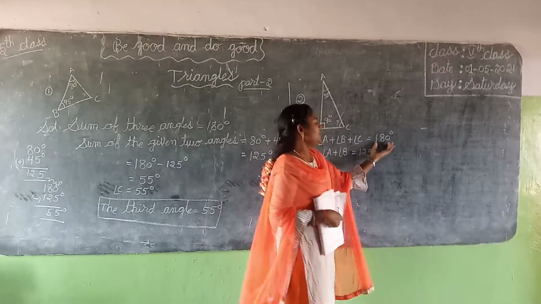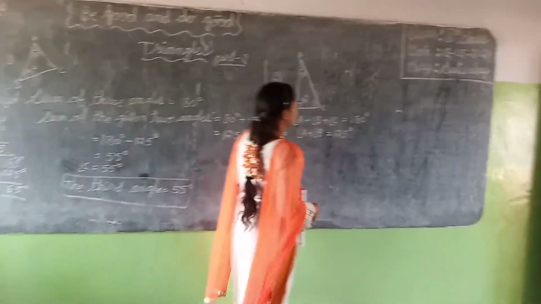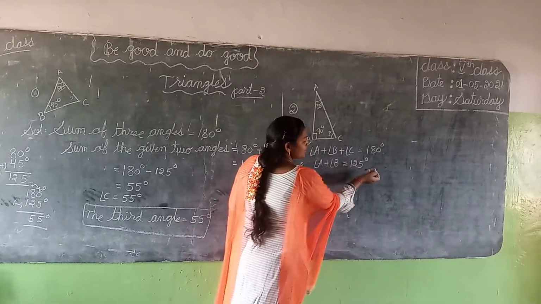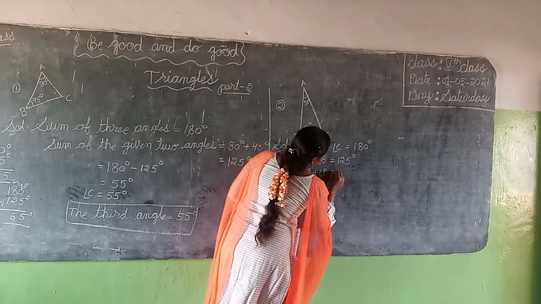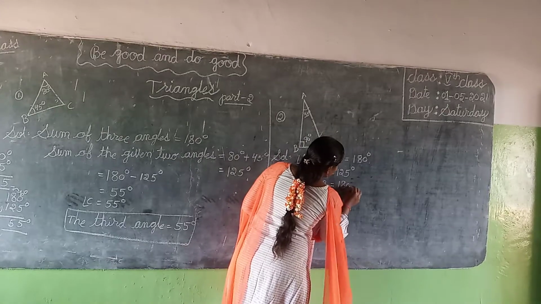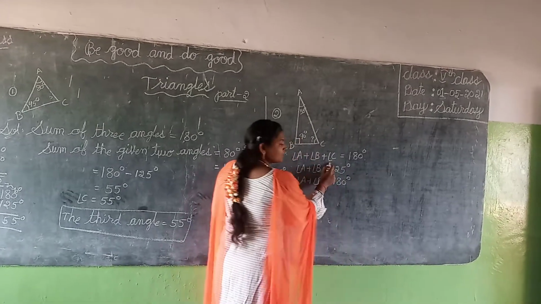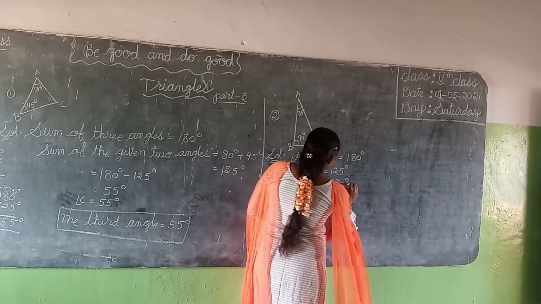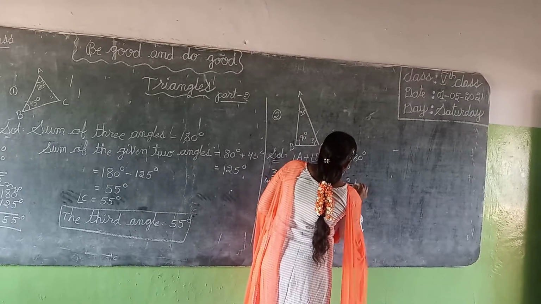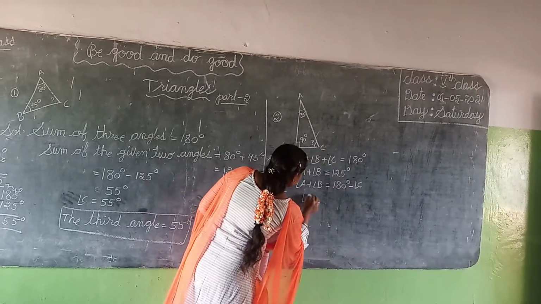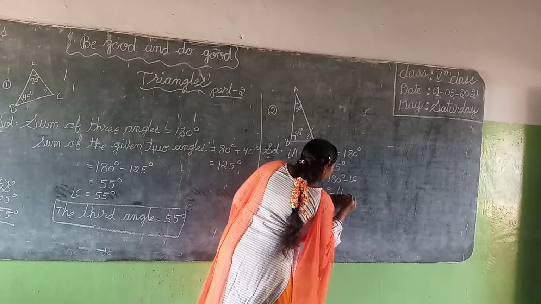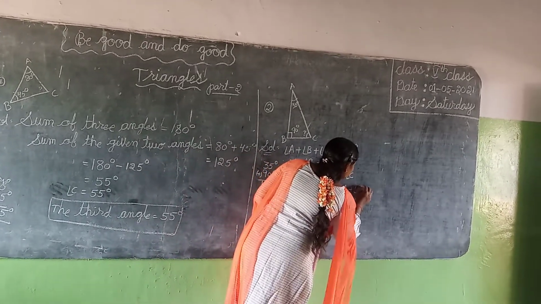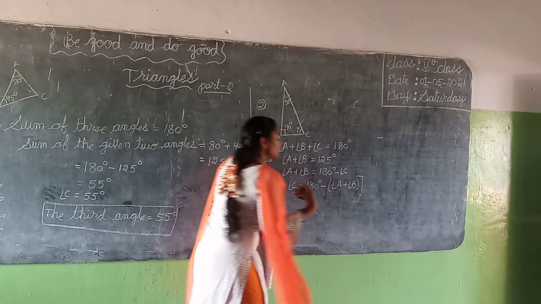So 180 degrees minus 125 degrees. Why is it minus? Because angle A plus angle B plus angle C is equal to 180 degrees. The plus symbol goes to the other side of the equal sign, so a minus symbol is there. That means angle C is equal to 180 degrees minus angle A plus angle B. Okay, now clear?